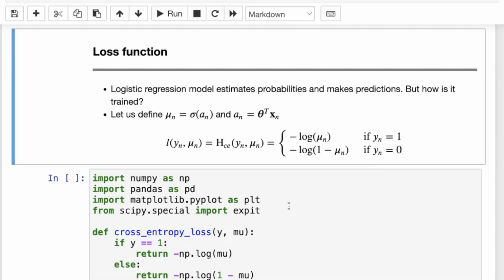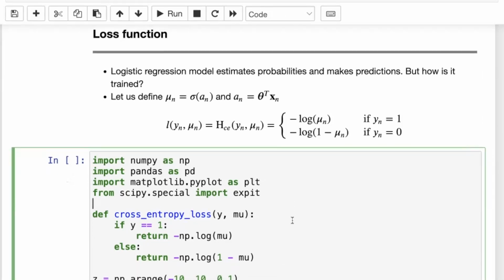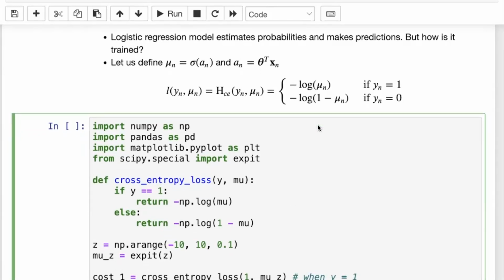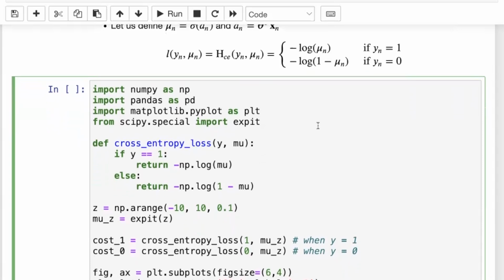But again, in this course, we can use Python for visualizing this loss function and making sense of what it does. In order to do this, we're going to define this loss function, and it's called the cross entropy loss function. That's what this CE stands for, which takes two inputs, y and this mu. And remember, mu is the probability.